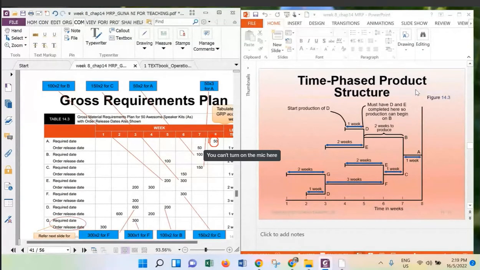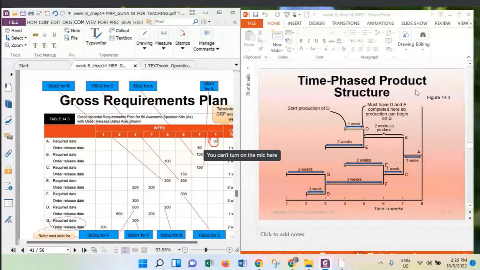Hello, mana semua orang pergi? Hello, mana semua orang pergi? Dengar tak dengar suara saya? Sorry? Halo, dengar Doktor. Berapa lama masa yang dia ambil untuk siapkan A? 8 weeks lah. 8.